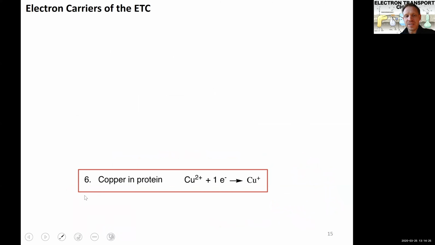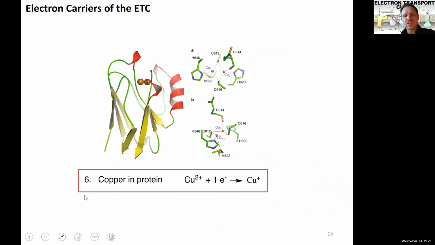All right, last but not least, copper. We can also use copper atoms bound to proteins as 1 electron carriers. Again, for a sense of perspective, these are a bit less sophisticated structurally, maybe, but they do the trick.